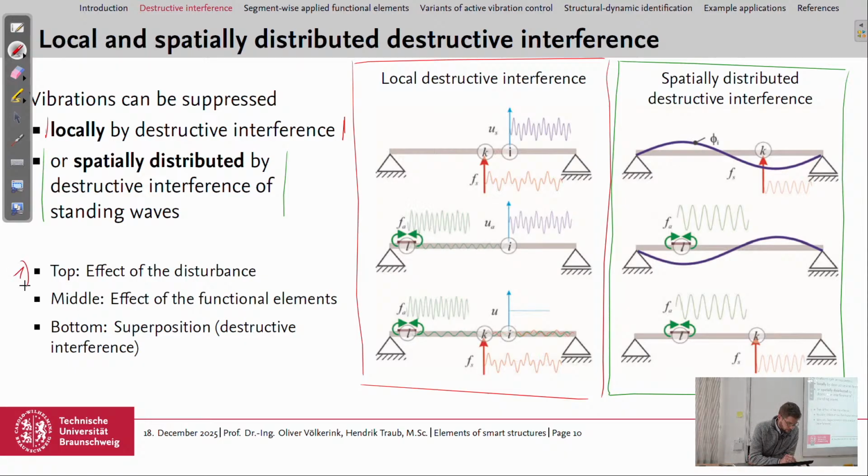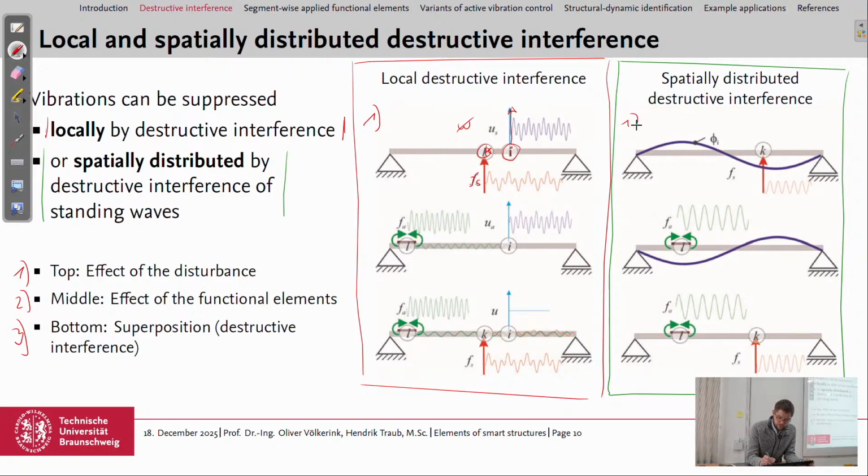Let's quickly go through the figures. So in the first row, we have an excitation here at point K. This is the Fs, the external excitation we want to suppress, and without any means of vibration control, we have at point I now not W but U, the vibration of the structure.